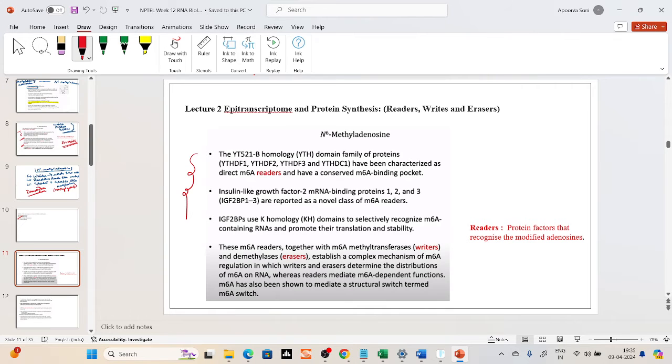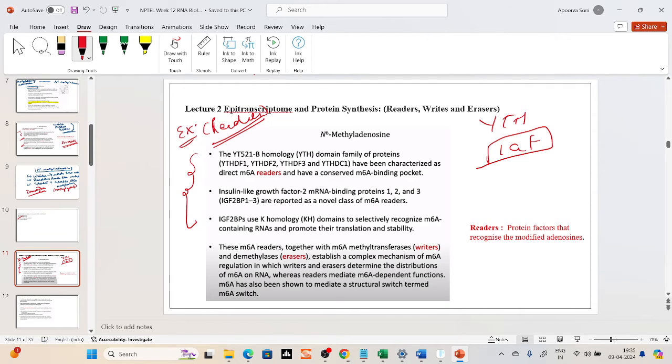These are all the examples of readers that you need to learn. Now you can ask, ma'am, insulin growth factor has a different function, so how can it recognize m6A modifications also?